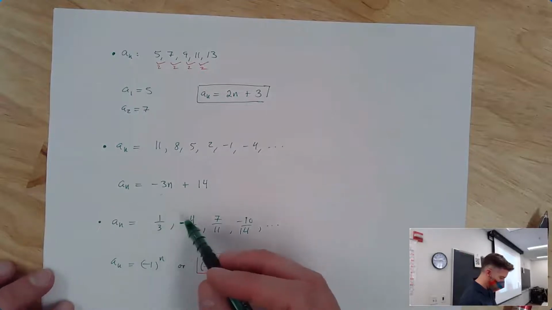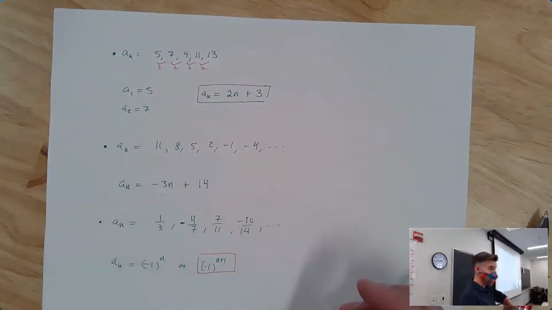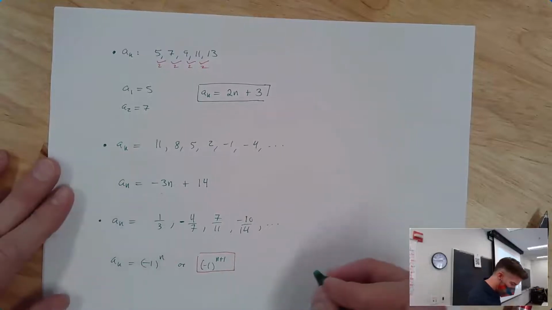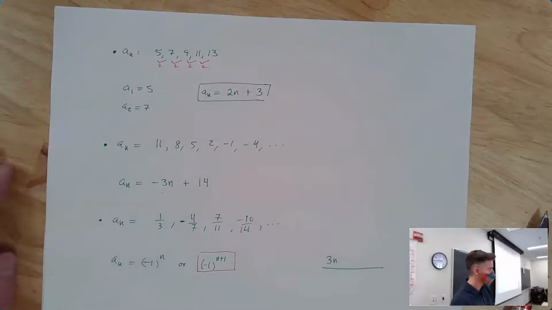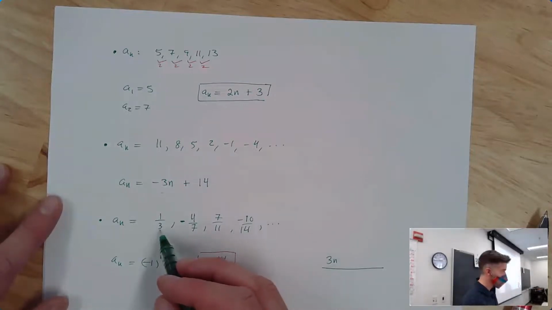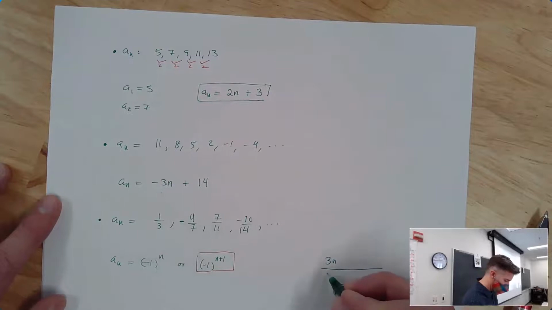The numerator is increasing by 3 each time if I ignore the negative signs. So for my numerator, I need a 3n plus or minus something. My denominator is increasing by 4 each time, so I need a 4n.